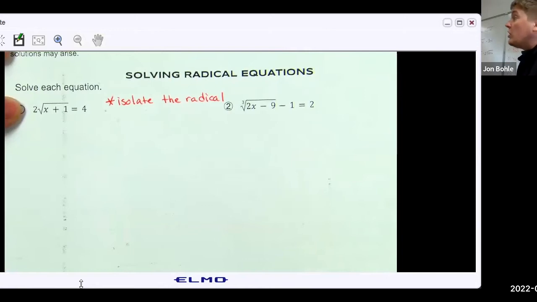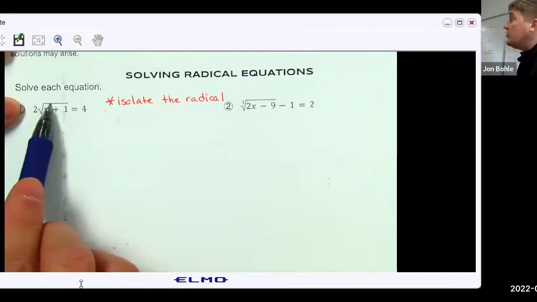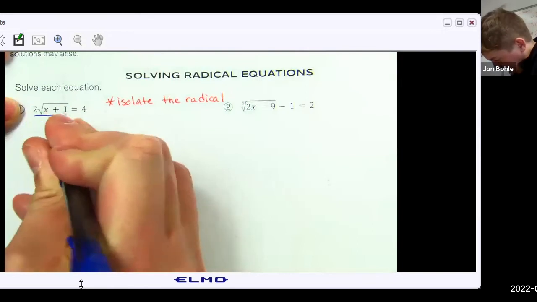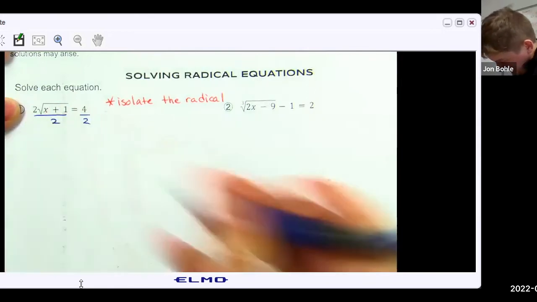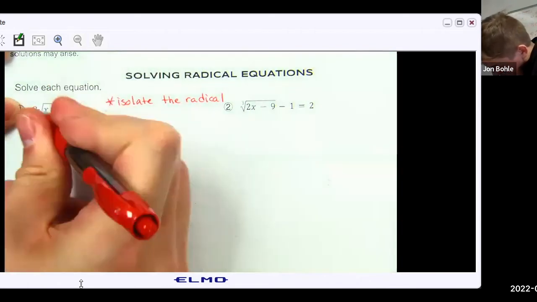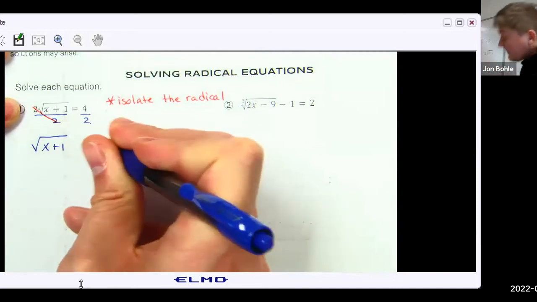Multiplication. It's important to note I cannot distribute across the radical symbol. So I have to undo a multiplication of 2 by dividing by 2. I divide by 2 and I get the square root of x plus 1 is equal to 2.